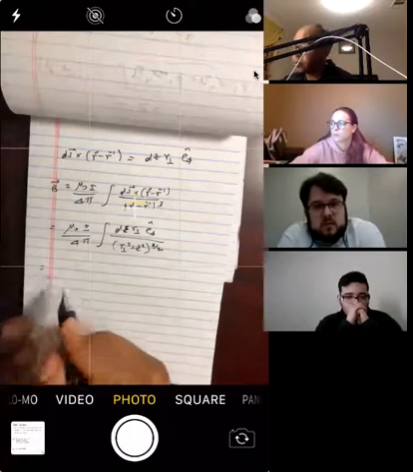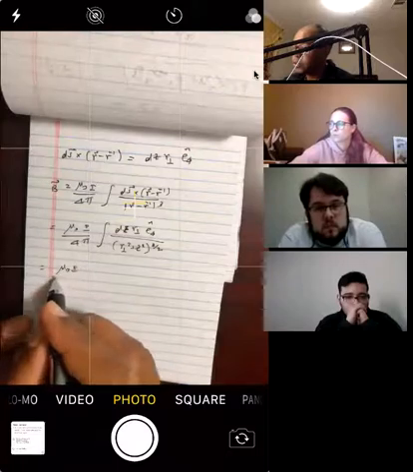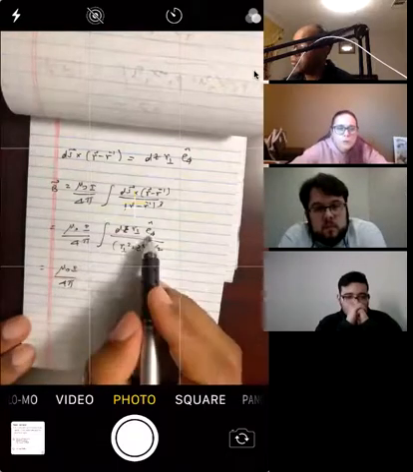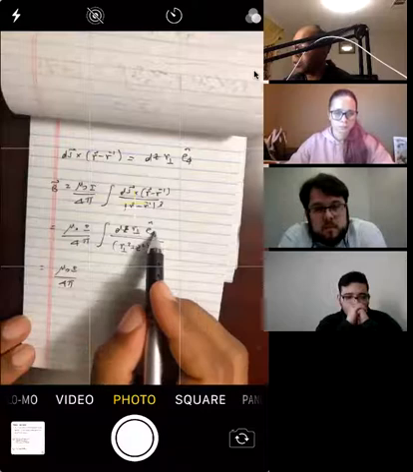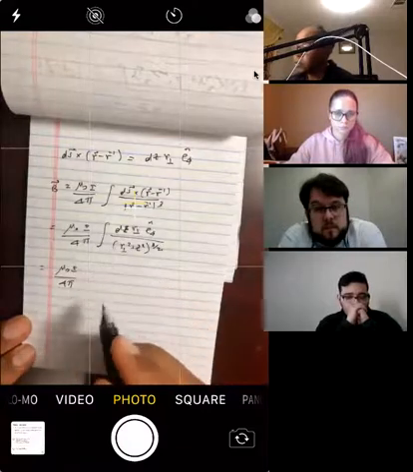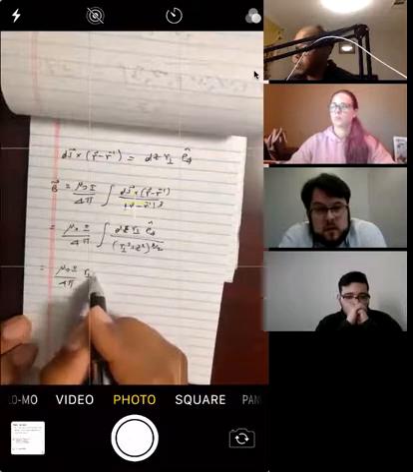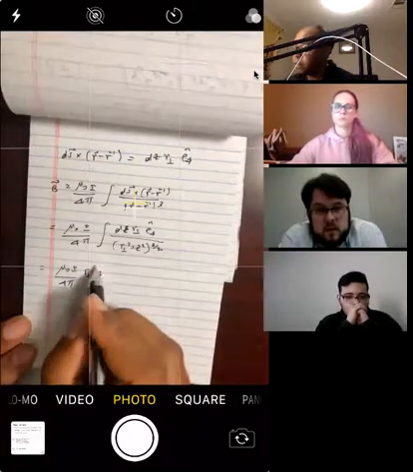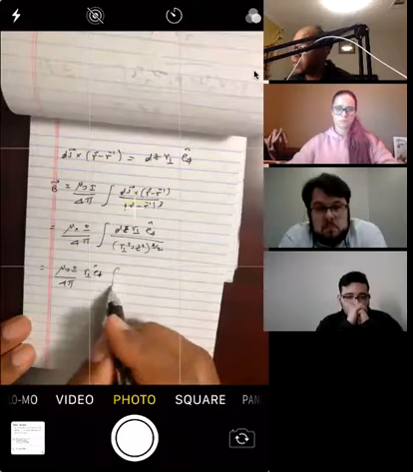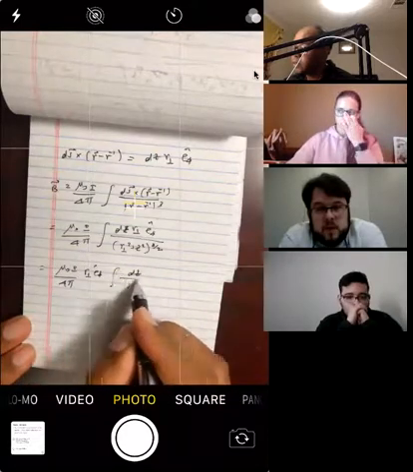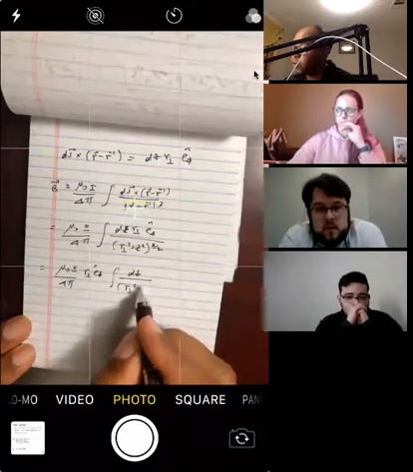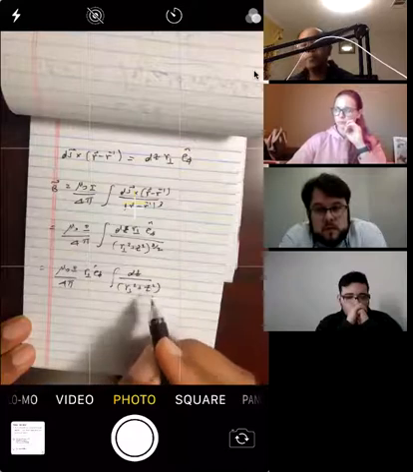So let me simplify this. This is mu naught current divided by 4 pi. These two quantities are perpendicular, and they don't depend on z, so we can take them out: r perpendicular E phi. And the integral is dz over r perpendicular squared plus d squared to the 3/2.